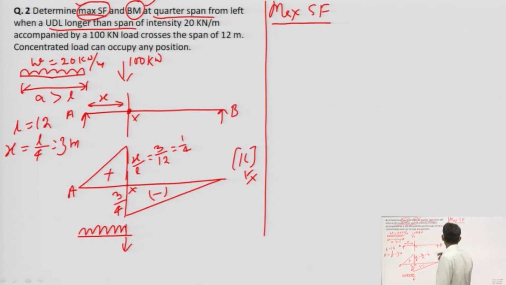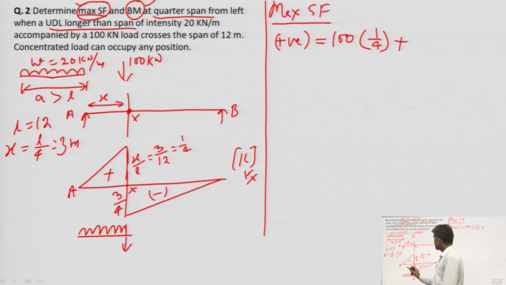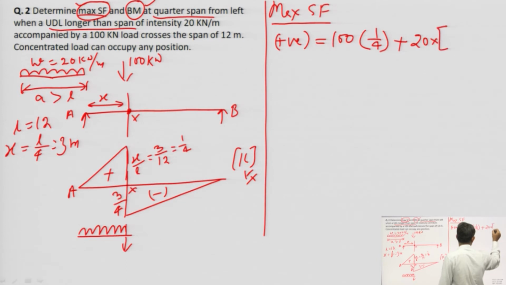This is the second step, and the third step is the calculation. Maximum positive shear force equals the load multiplied by the ordinate in case of a point load, and in case of UDL it is the load intensity multiplied by the area covered. For the point load, the load is 100 and the ordinate is 1 by 4, plus the load intensity 20 multiplied by the area, which is half into base into height.